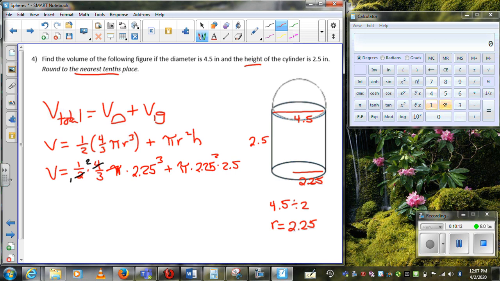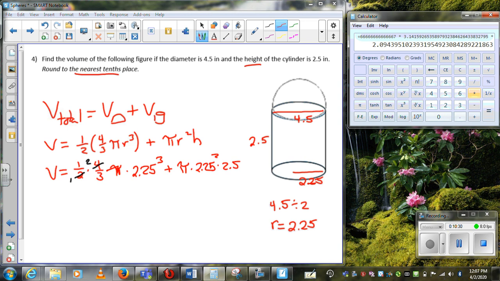So now I have 2 divided by 3. That's good. And we are rounding, so I'm going to hit the pi button. So times pi times 2.25. Now I think I might use this symbol right here.